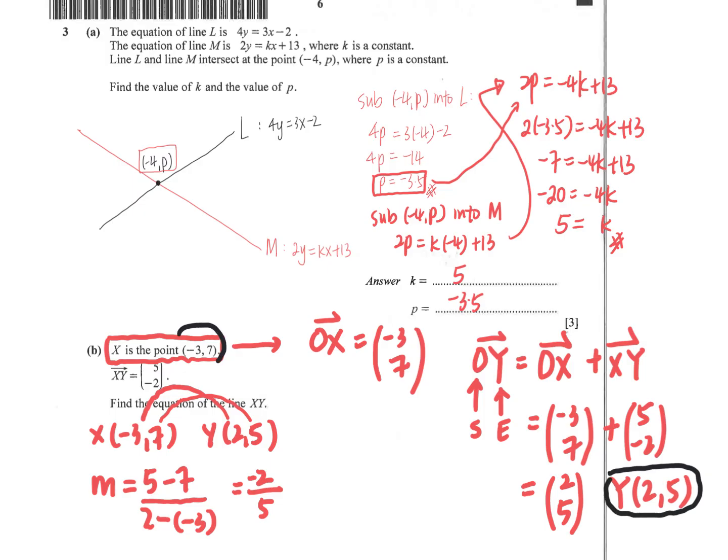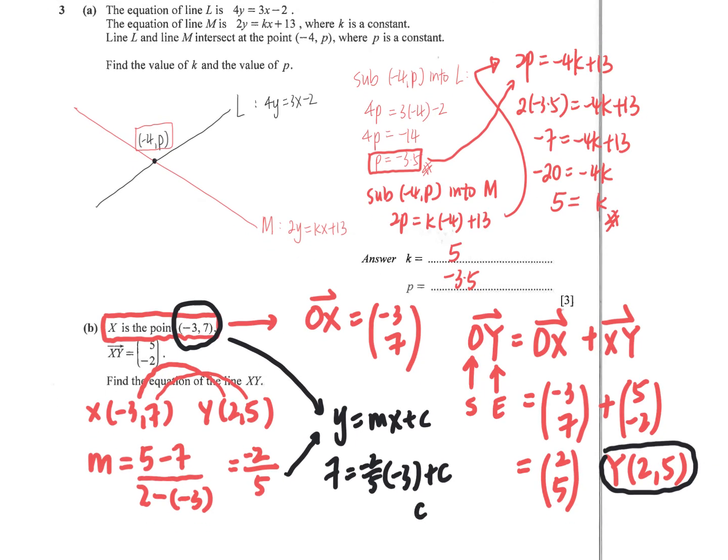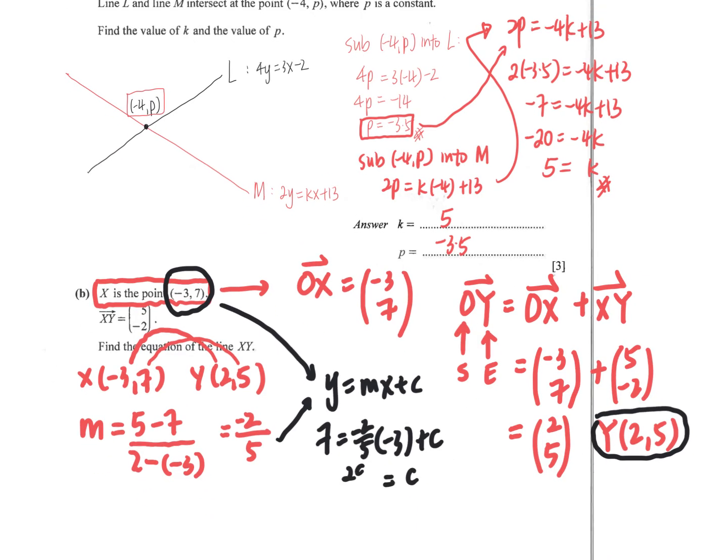Choose the point that they give you. Use this point and the gradient, sub into y equals mx plus c. Gradient is -2/5, y is 7, x is -3. Go and find c, which is 29/5. So the equation is y equals mx plus c, like this.